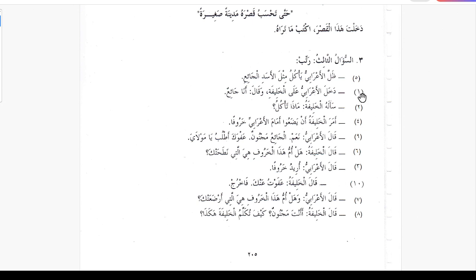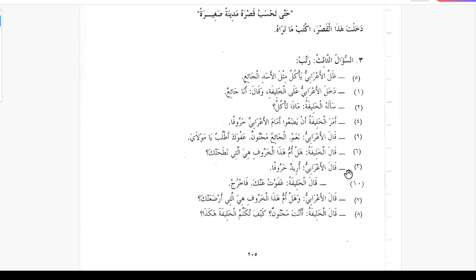So like the first of all, Dakhal al-Arabiyu al-Khalifati, the Bedouin entered upon the caliph, he entered in his palace, Wakala, and he said, Ana Jayun, I am hungry. So this is what happened in the beginning. And the next, Salahu al-Khalifatu, the caliph asked him, Maza takulu, what would you like to eat? And then number 3, Qala al-Arabiyu, the Bedouin said, Uridu kharufan, I want a lamb.